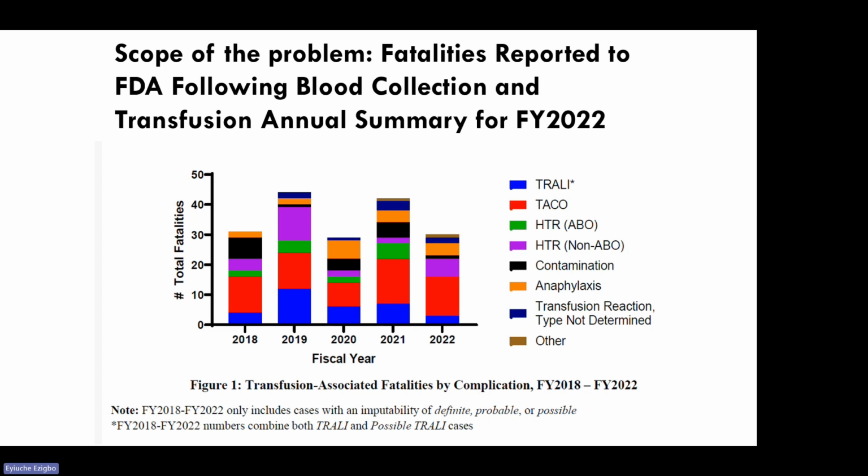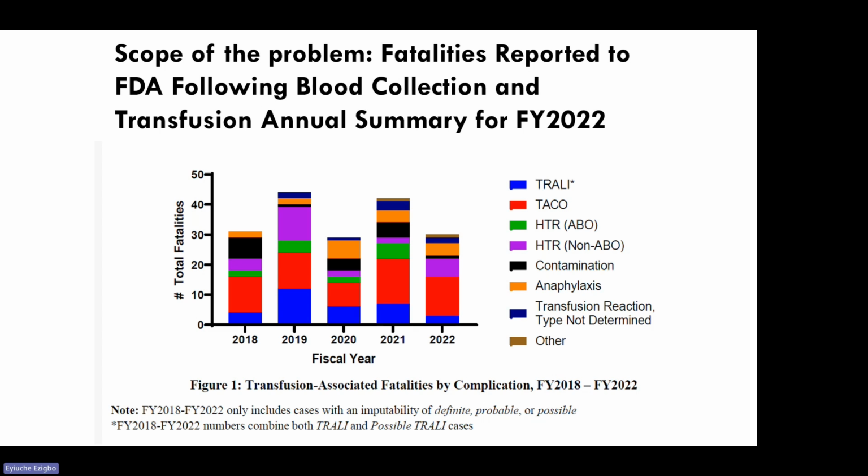This slide now shows the prevalence of some transfusion complications as at 2022 fiscal year. When you look by your right, you see some of the transfusion complications we have, which we are still going to take one by one in the course of the lecture.